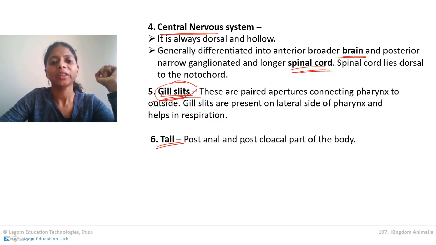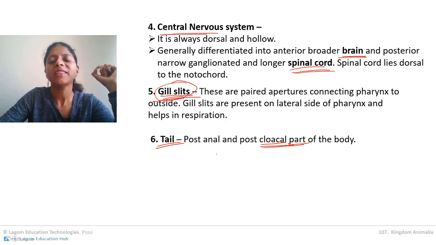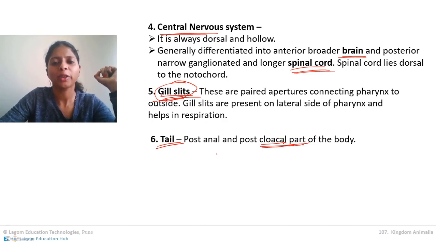Now try to understand. Here tail doesn't mean exactly that long tail which a dog has. Here tail means some vertebrae, some bony structure after the spinal cord. Here we have the cloacal part, like cloacal vertebrae, and we consider that a vestigial part of our body.